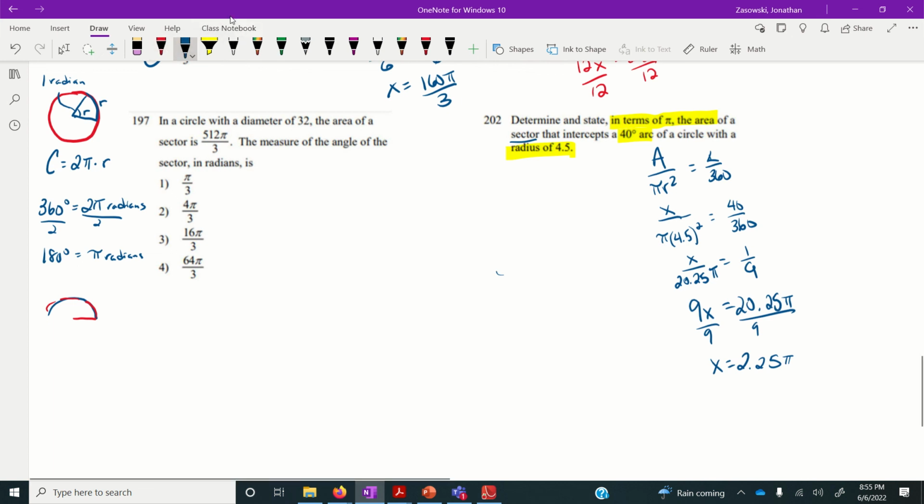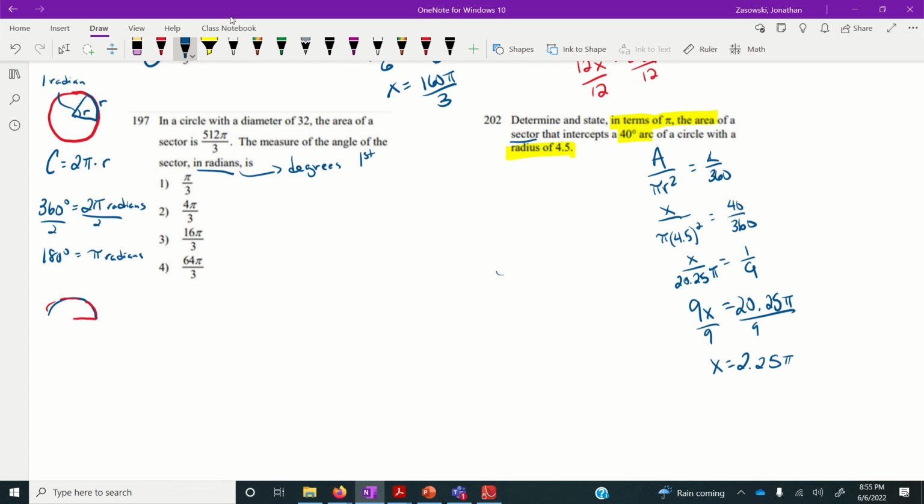So to answer this question, because it wants the measure of the angle in radians, we're going to convert this to degrees first. Now, they've only asked 2 questions with radians on every single geometry exam ever, so it's not something that comes up often.